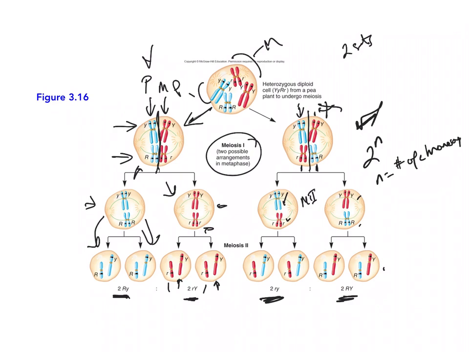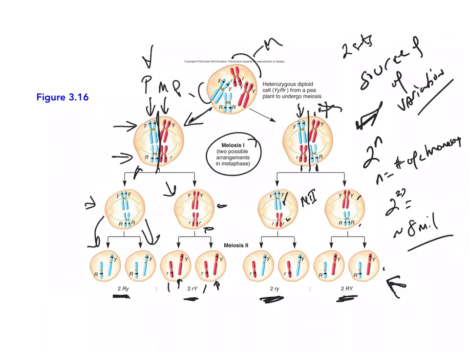For humans, 2 to the 23rd equals approximately 8 million different combinations of alleles and chromosomes that can end up in these gametes. So independent assortment is a huge source of variation on its own.